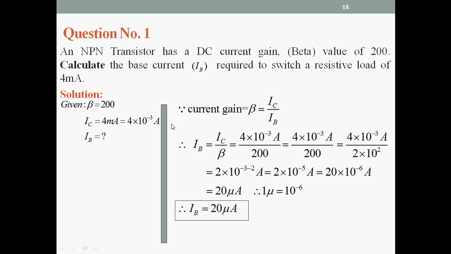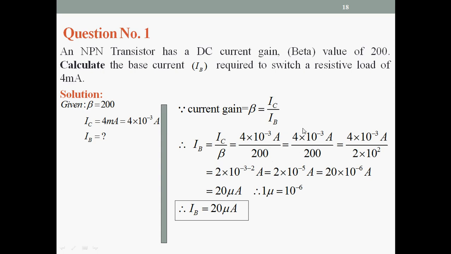From the given relation of current gain, beta is equal to IC by IB. Therefore, we can define IB is equal to IC by beta, as IC is 4 milliampere, 4 into 10 raised to minus 3 ampere, and beta is 200.